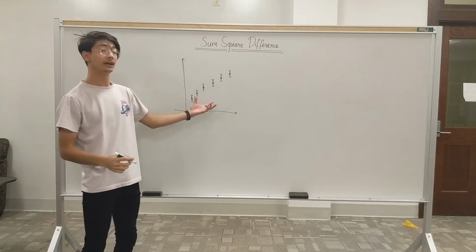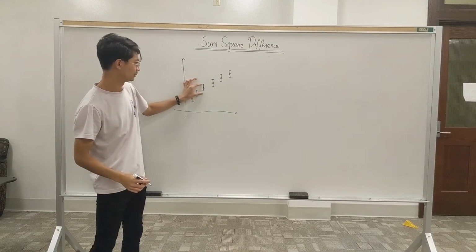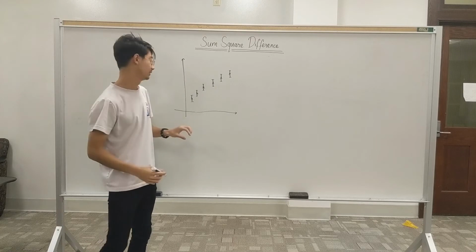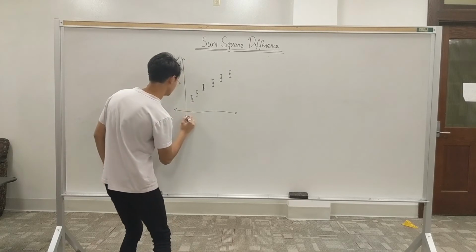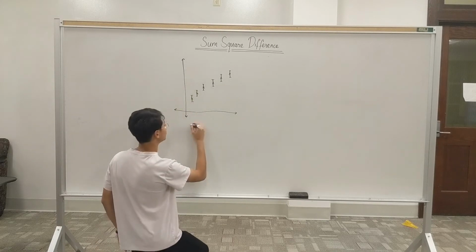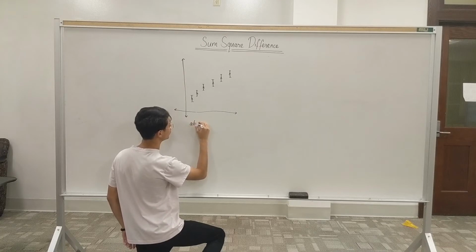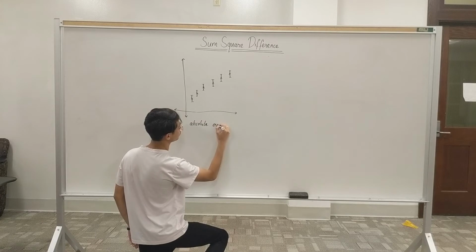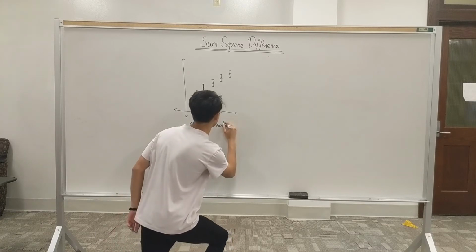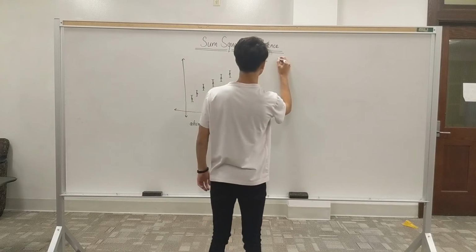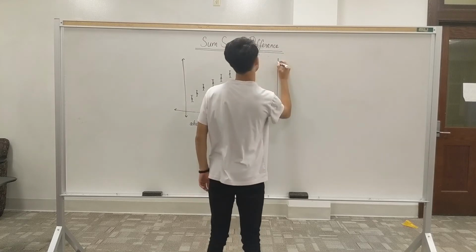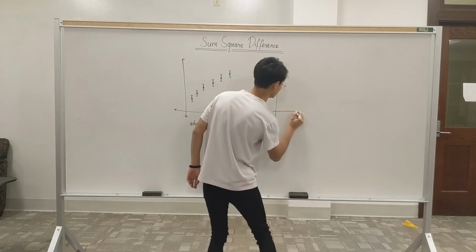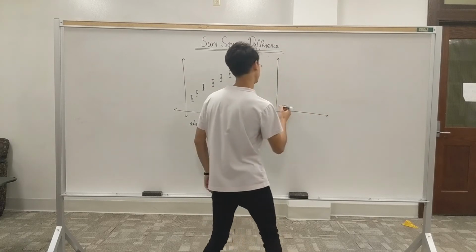Yeah, so their error bars would look pretty much constant. And this is the graph for absolute error. Whereas for relative error, our graph is going to look like this.